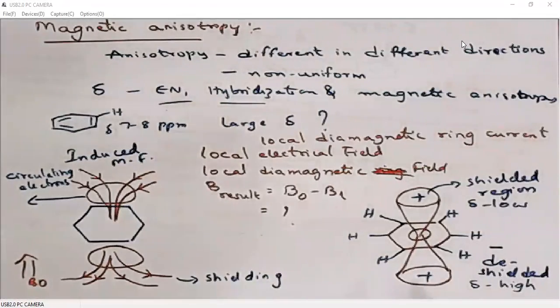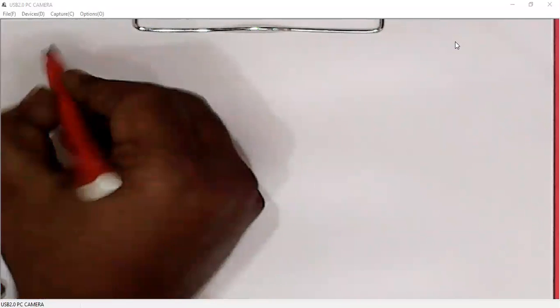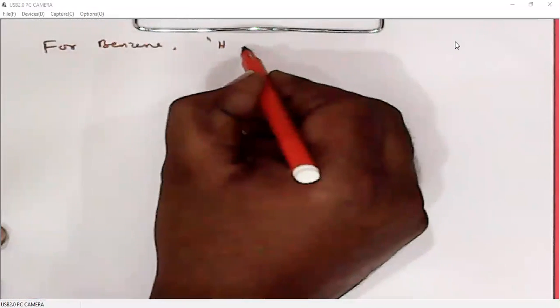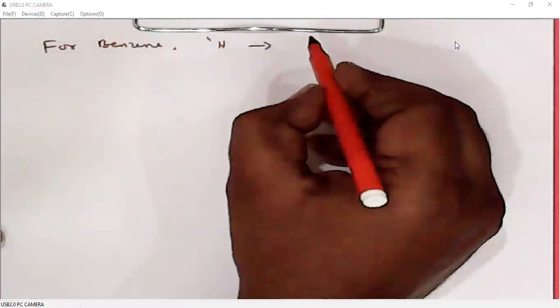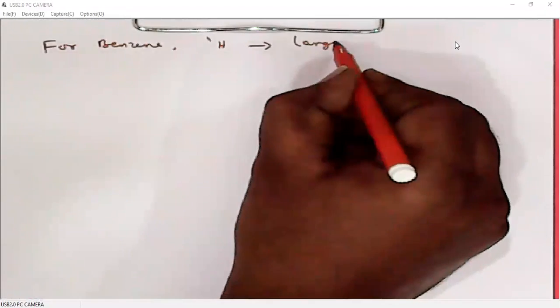So because of that, benzene protons are generally observed at a very high delta value.